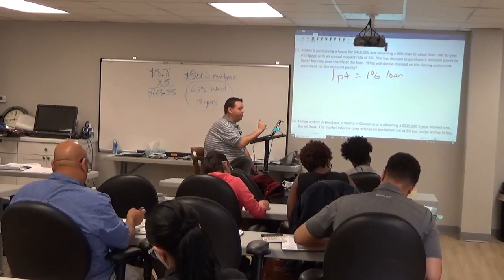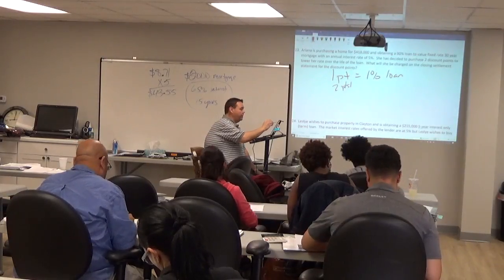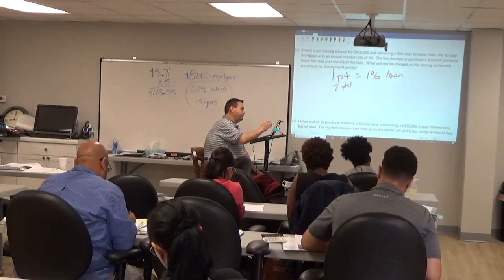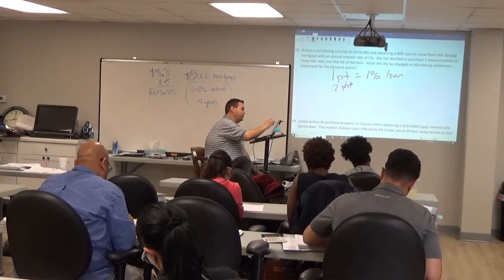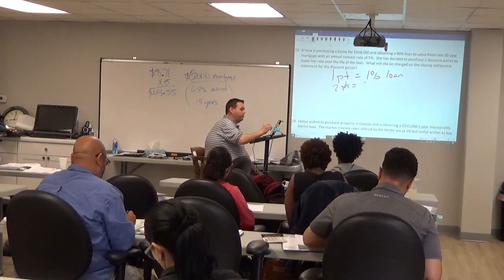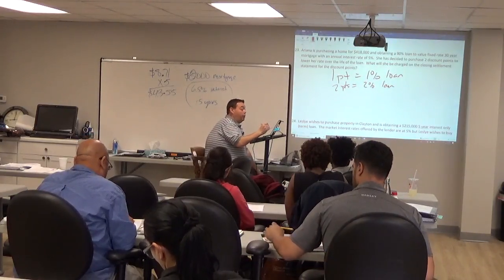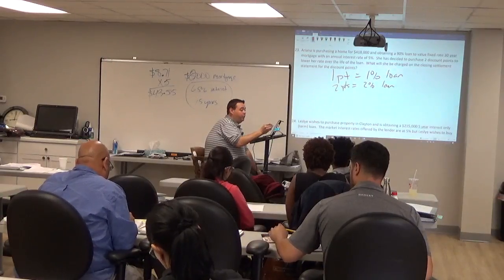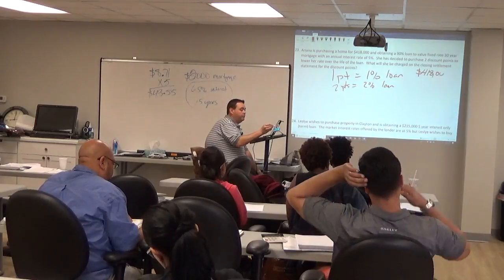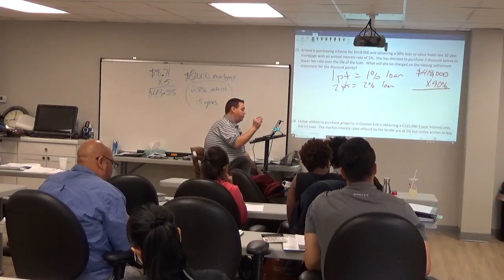How many points are we buying here? So 2 points equals what? 2% of the loan amount. Now, how much is the loan? We don't know that yet, do we? Can we figure it out? 418 times what? Times 90% loan to value.